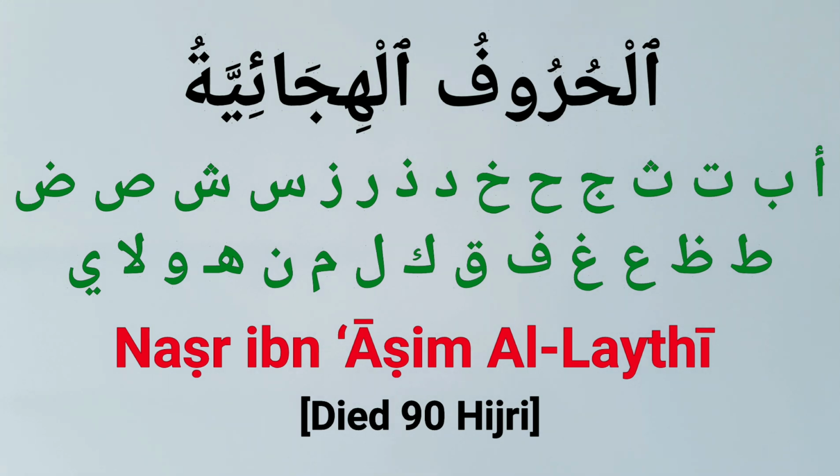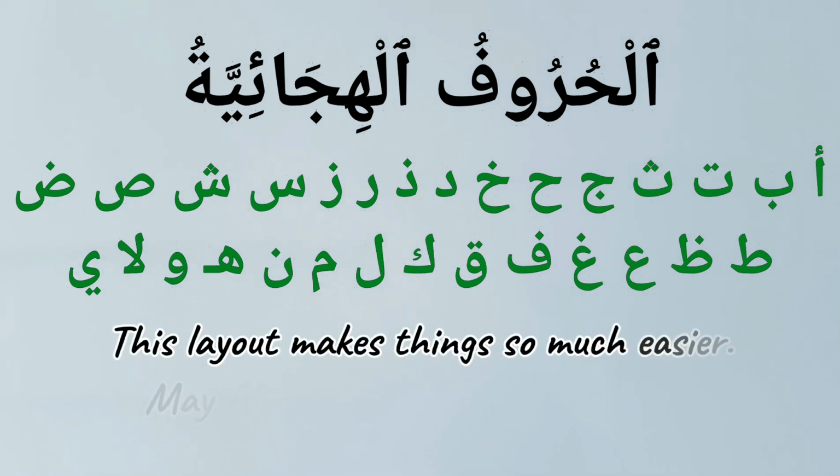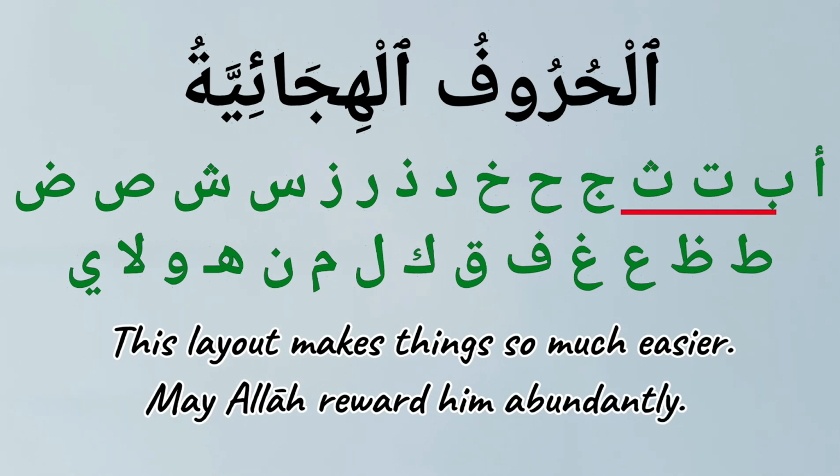The first thing he did was he looked at these letters, these 29 letters that we use in our speech, and he noticed that some of them look exactly the same. So what he did is he grouped those letters that looked the same next to one another, which is why we have ba, ta, tha next to each other.